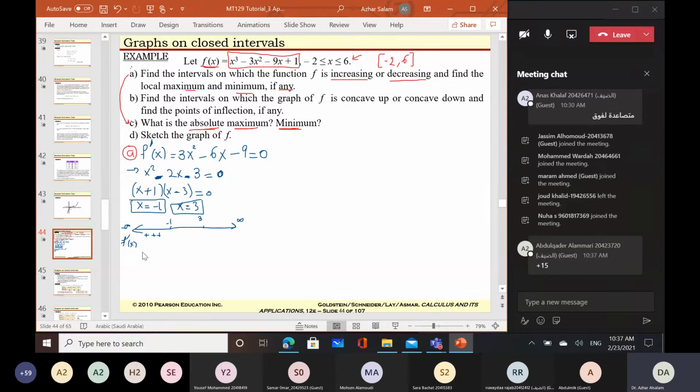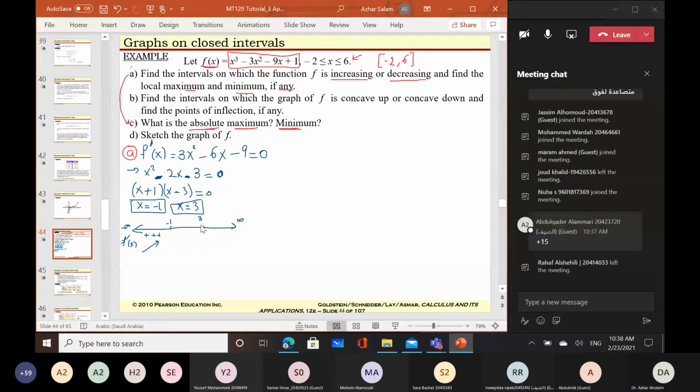So the function here will be increasing. Okay, if I choose any number between -1 and 3, for example 0, and substitute with 0, it will be minus 9.